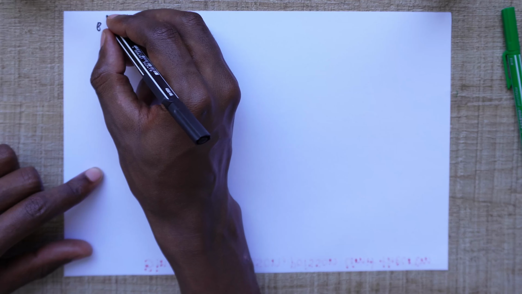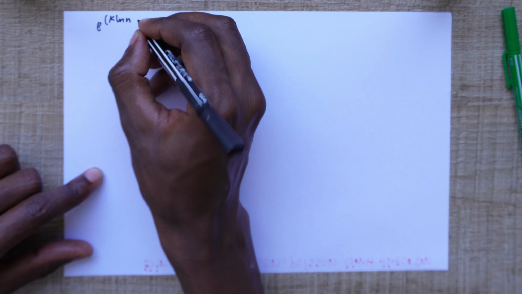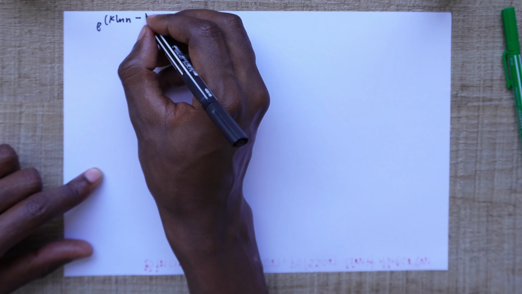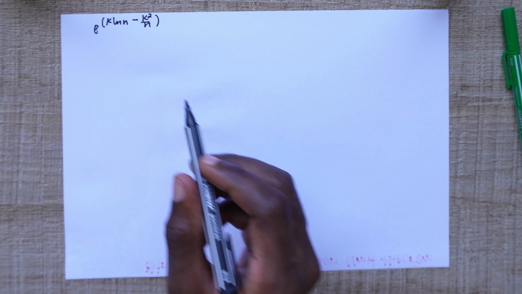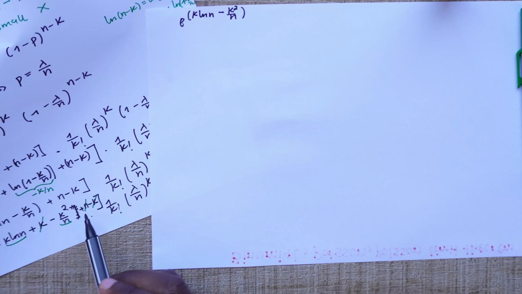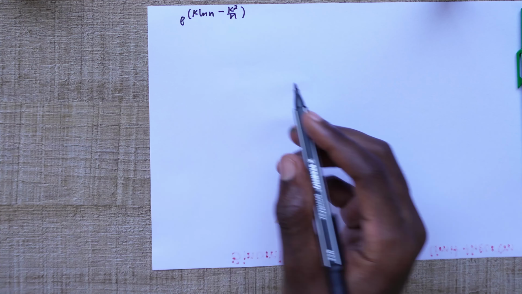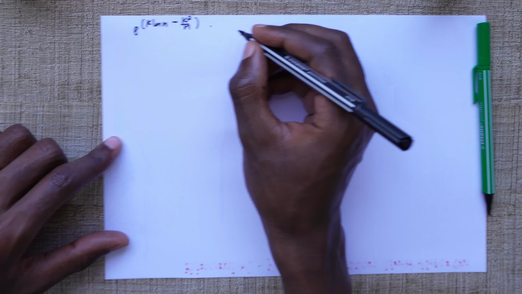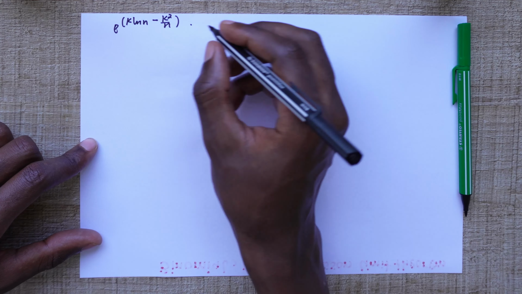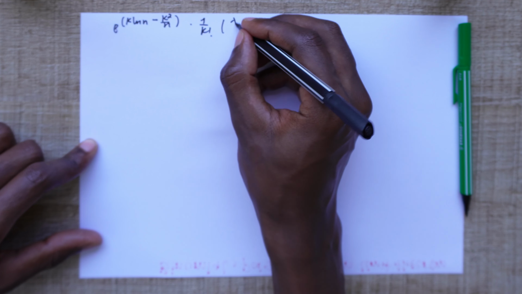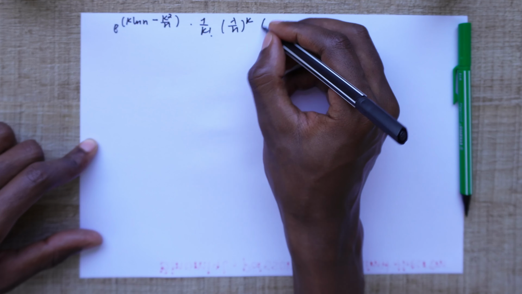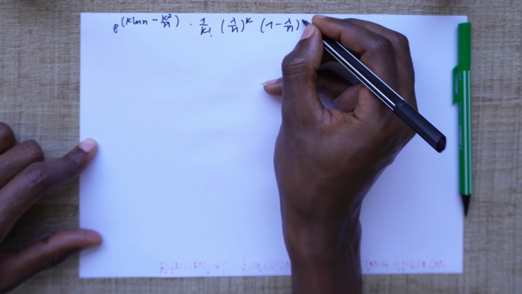So k ln n minus k squared over n. That's all that exponential. All this exponential simplifies to this one. And then we attach the constants. Beside, we have 1 over k factorial, lambda over n to the power k, and 1 minus lambda over n to the power n minus k.